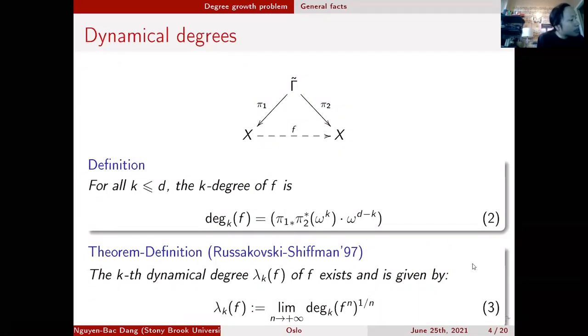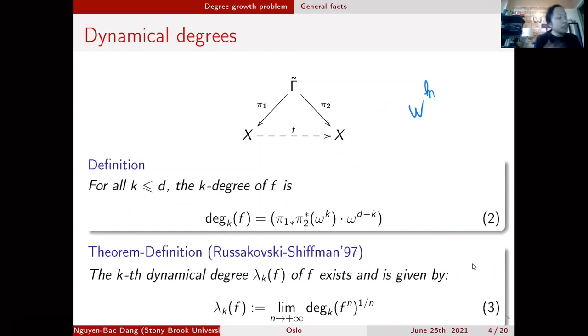It can be represented by omega to the k, and then you resolve the graph of your rational map. So you look at the desingularization of the graph of f in X times X, and it gives you gamma tilde. And basically, you can take the preimage by the second projection. This gives you something of codimension k, and take its image by pi 1. So this is basically like the preimage of a codimension k hypersurface.